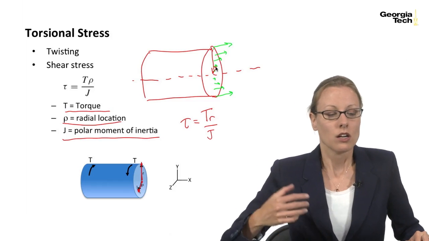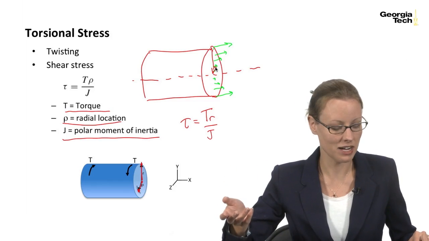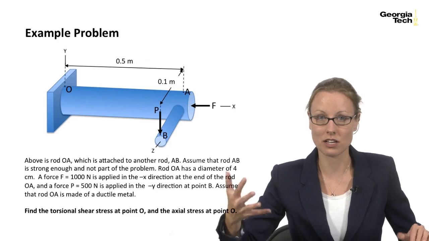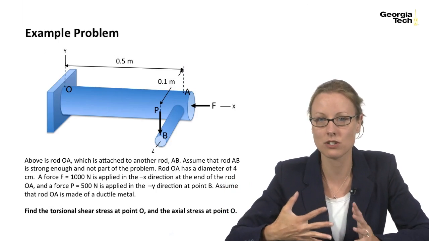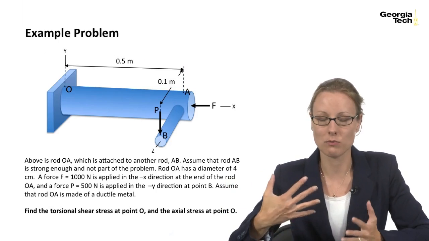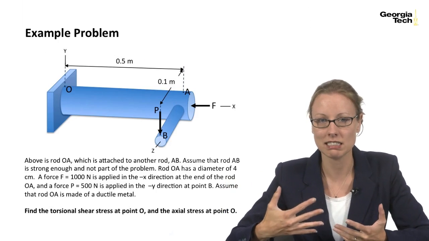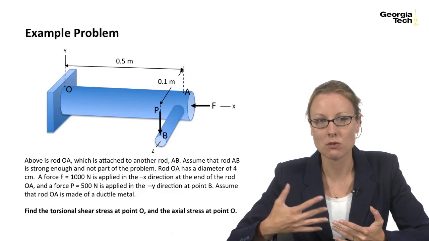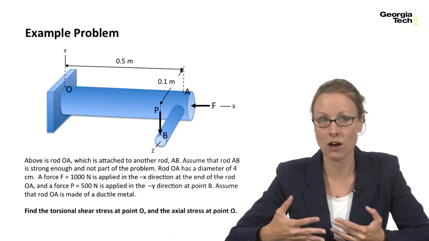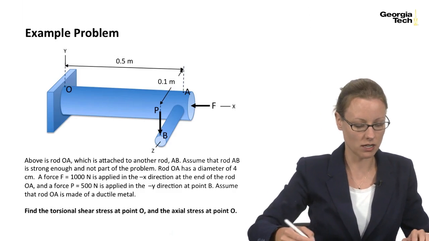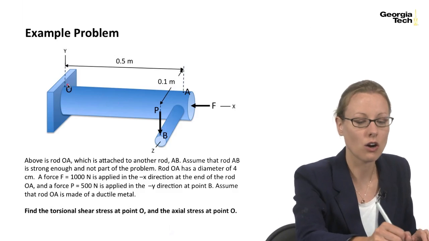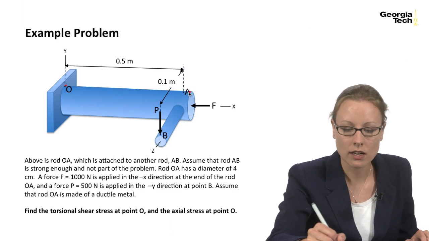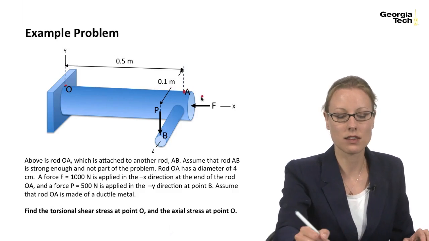Right. So I'm going to give you guys another example to check your knowledge here and make sure you're still remembering your mechanics of materials well. So here we have this rod. We're going to call it OA. So here's point O, and here's point A, and this is the rod that we're worried about.